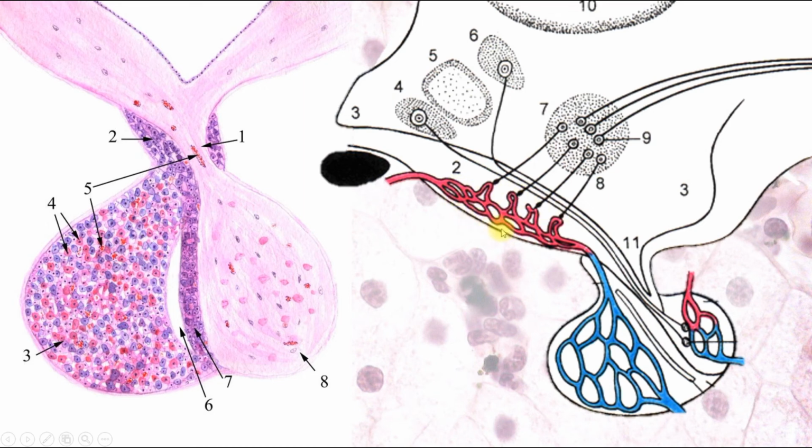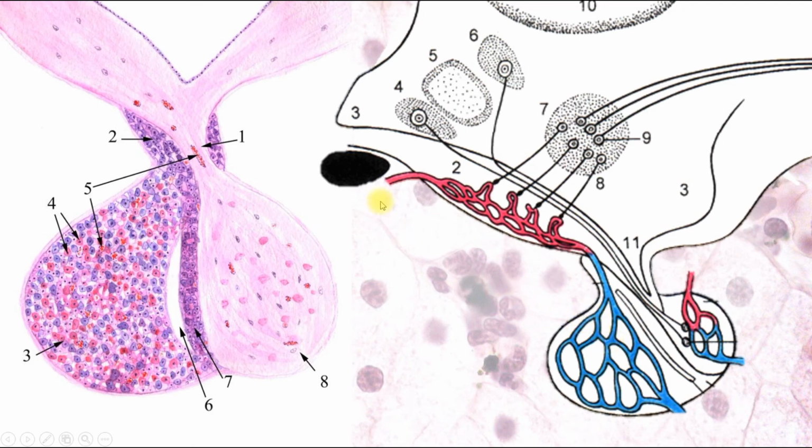Then this network takes all those hormones and brings them to the portal vein of the hypophysis. Here you can see the portal vein. A special feature of this region is that it forms a secondary capillary network. Usually we have only one artery, one vein, and capillaries between them.